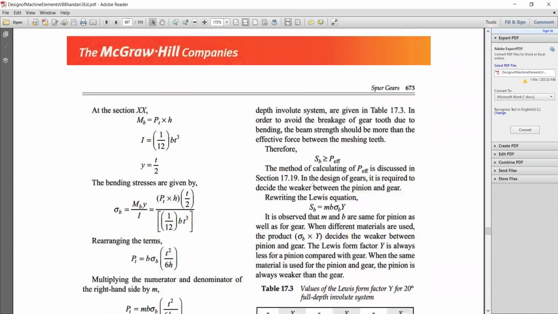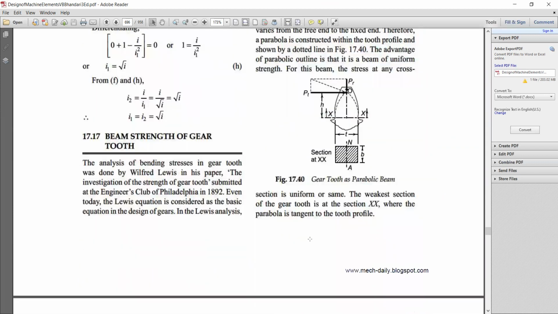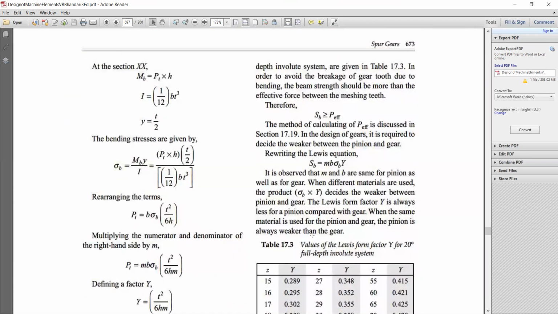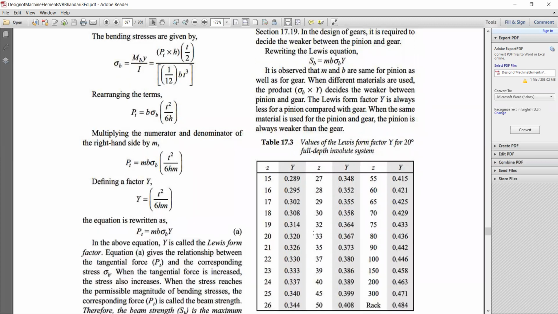But when we consider the appropriate arrangement, it looks like a cantilever beam, so the maximum bending stress can be found. Refer to this equation, a very important equation.